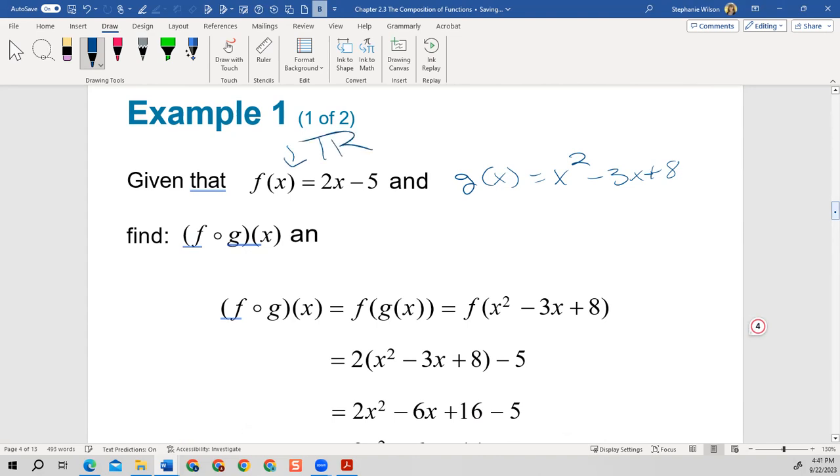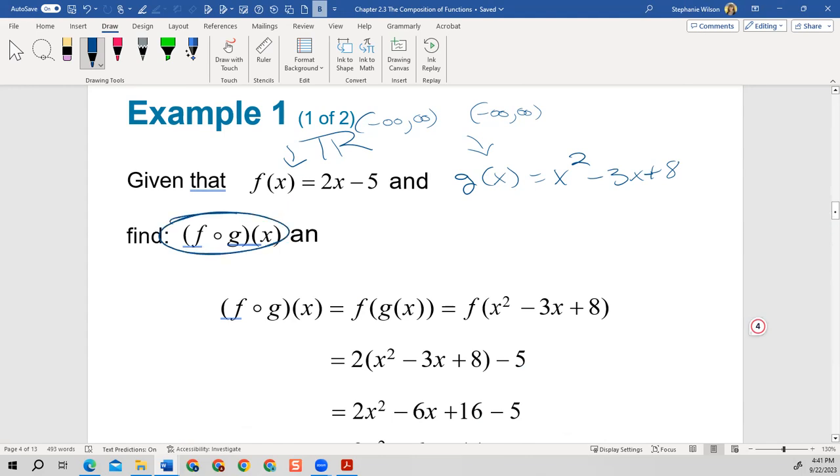There's no restrictions, so my domain will be all real numbers, negative infinity to infinity. And then we look at our g of x. Well, it's all real numbers too, negative infinity to infinity. So my original domains are all real numbers for both of them. So if I plug all real numbers into all real numbers, our domain is going to be all real numbers.